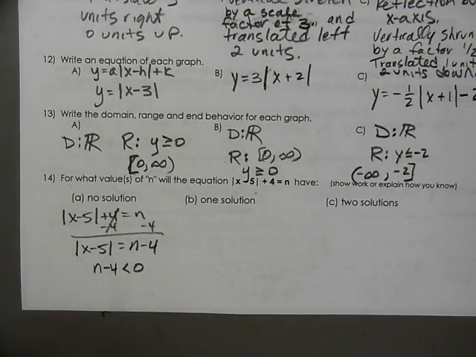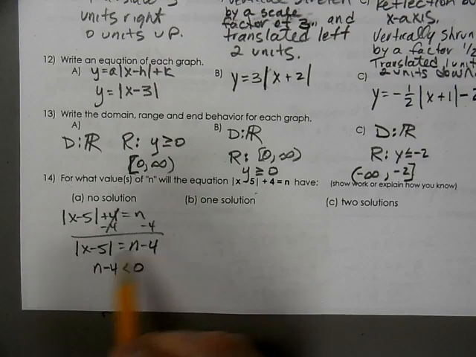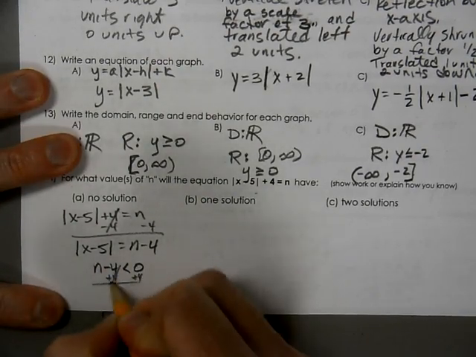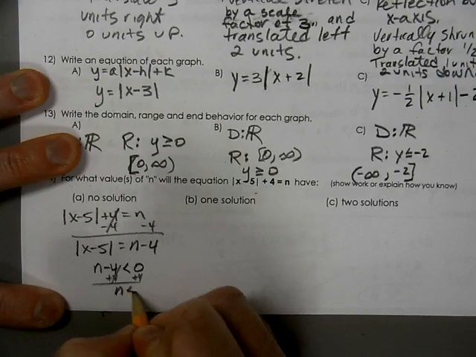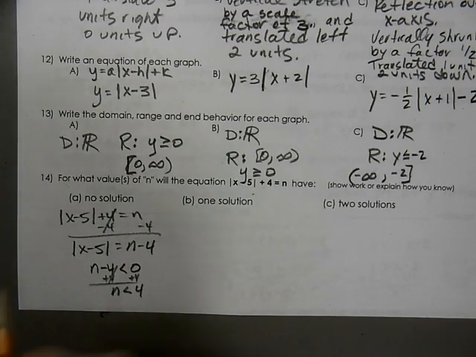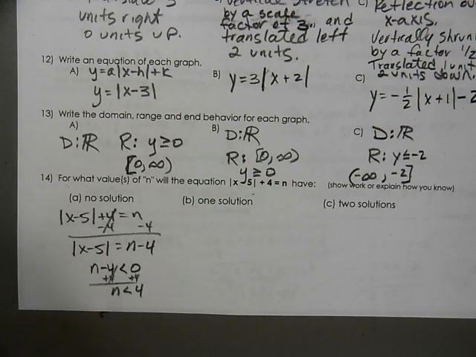When it's less than 0, when it's a negative number, you're going to get no solutions. An absolute value cannot equal a negative number. So you add your 4 to the other side. So when n is less than 4, that's what's going to make the absolute value portion equal a negative number.